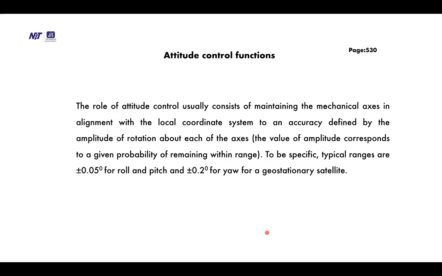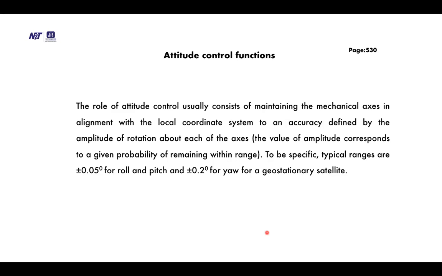To be specific, typical ranges are plus or minus 0.05 degree for roll and pitch, and plus or minus 0.2 degree for yaw for a geostationary satellite. In certain cases, a constant bias or a particular law of progression about one or more axes may be required in accordance with the requirement of the mission and the particular orbit concerned.